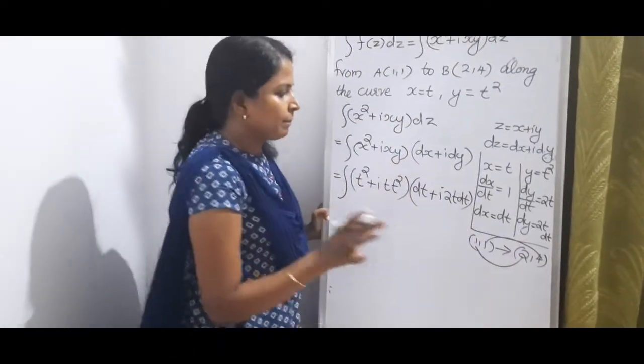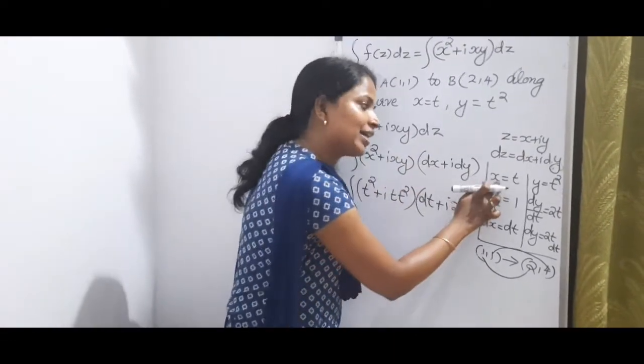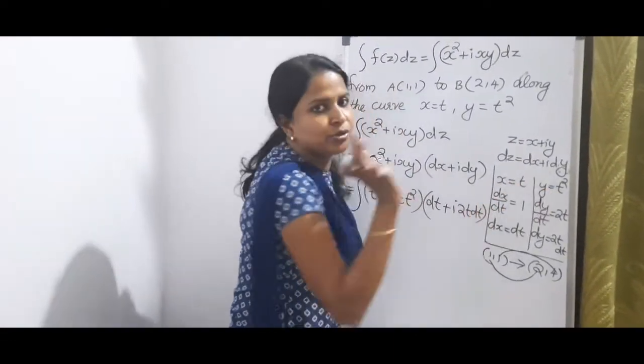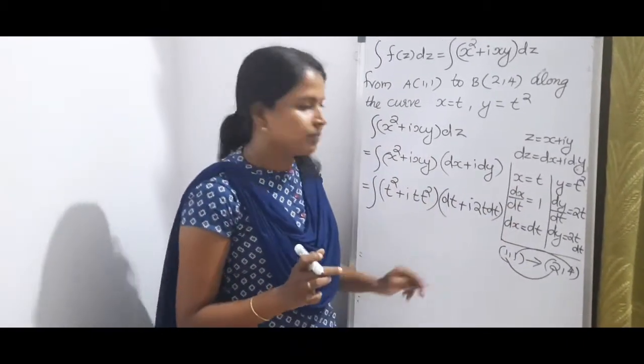We get the limit of t from x equal to t and y equal to t square. Both equations give the limit of t.